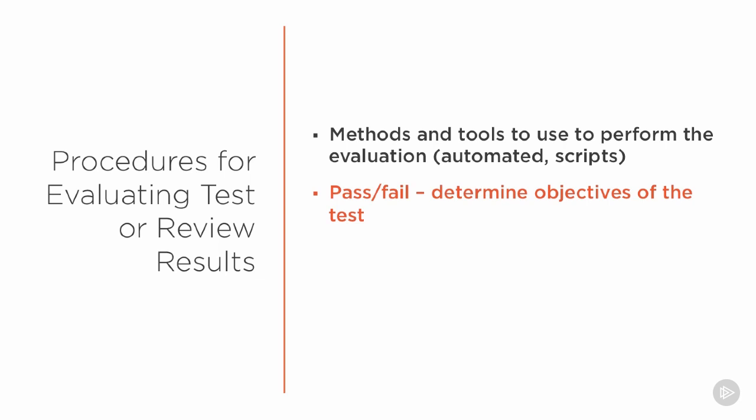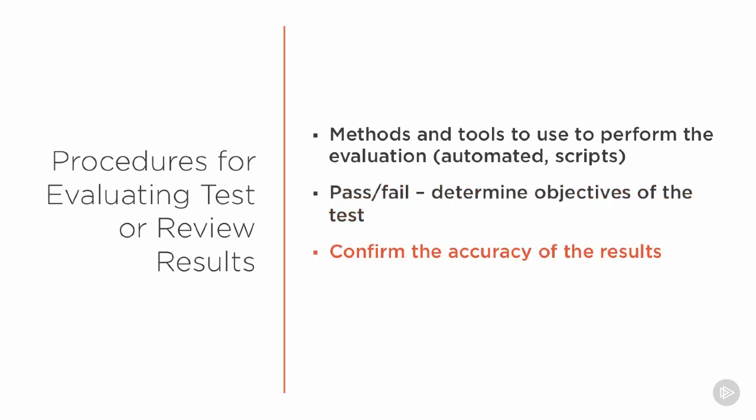We also have to know what is a pass, as well as what would be inadequate or a failure. This is going to be based on what were the objectives of the test. What were we trying to prove? Are we seeking 100% compliance, or would 90% be good enough? Well, we need to determine that.